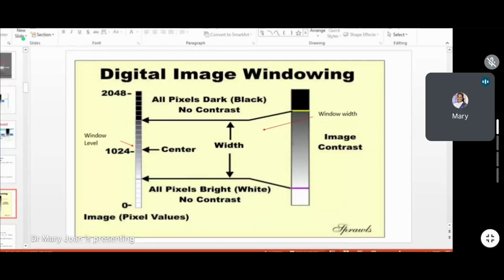And this is another example of digital image windowing. This is for the imaging, how whatever attenuation differences or coefficients we have measured and imaged are transferred into a display. So here you can see 2048 is the darkest, the window level is the midpoint, which is 1024, and the widest is 0.